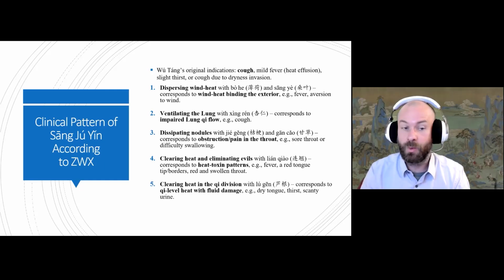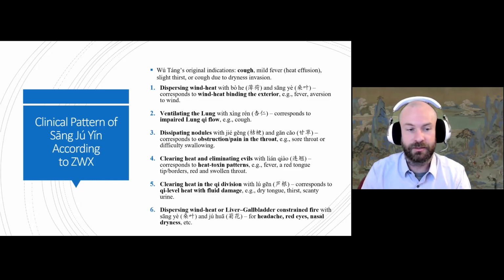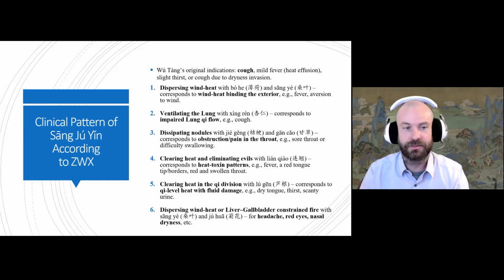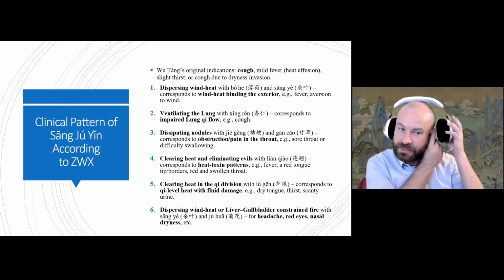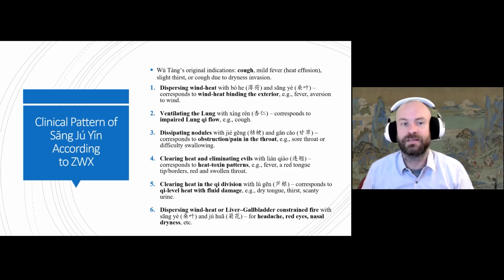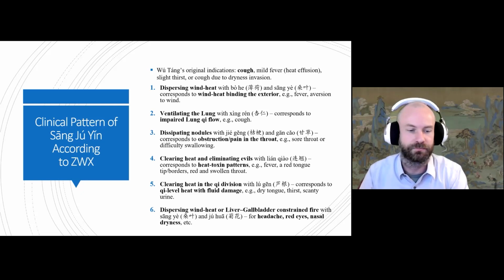And clearing heat in the qi division is what Lugen is responsible for, and that will help clear any fluid damage, i.e., dry tongue, thirst, scanty urine as well. And finally, Sangye and Juhua will help disperse wind heat if there's any liver constrained fire, so possibly headache, red eyes, or nasal dryness. So when you're looking at these kinds of symptoms, these are the herbs that are treating these ways that it manifests as well.